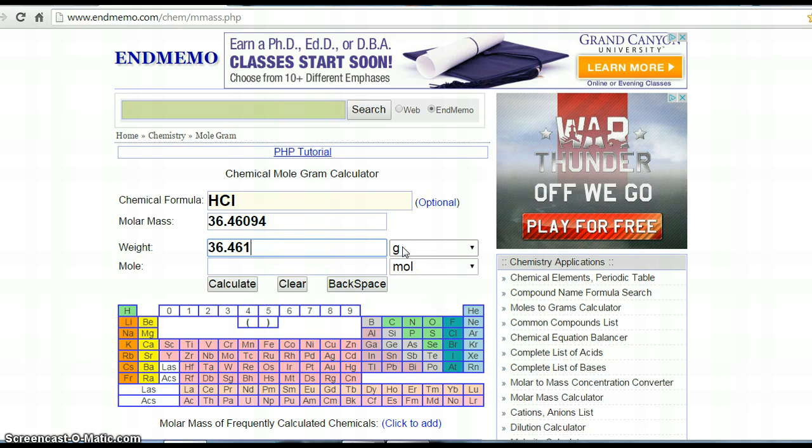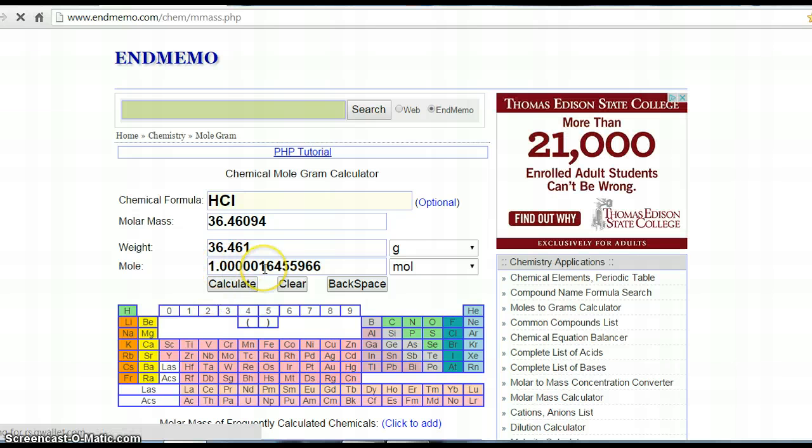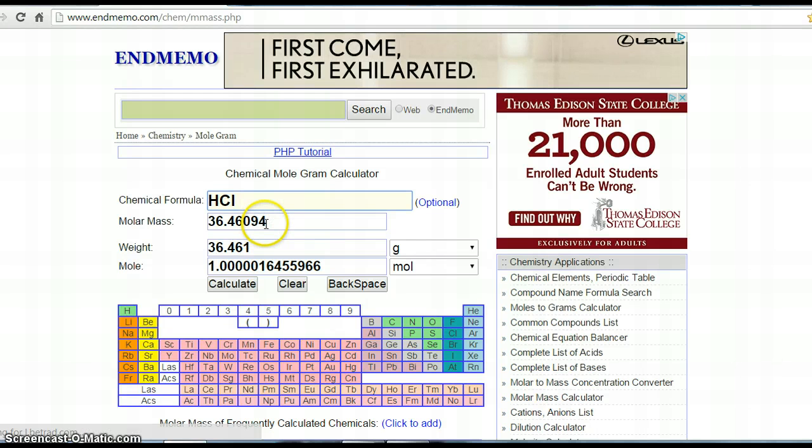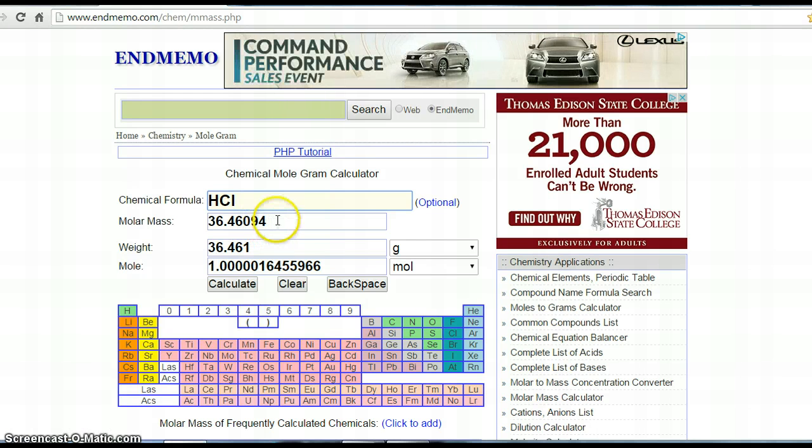Now I want to calculate how many moles of hydrogen chloride there are, and I should get a value of 1. Yep, so I get 1 mole there. In other words, 1 mole of hydrogen chloride provides me with a mass of 36.461 grams. The same value as its molecular weight with atomic mass units.